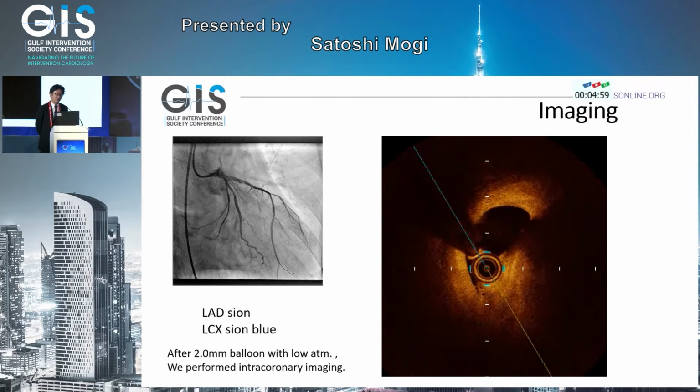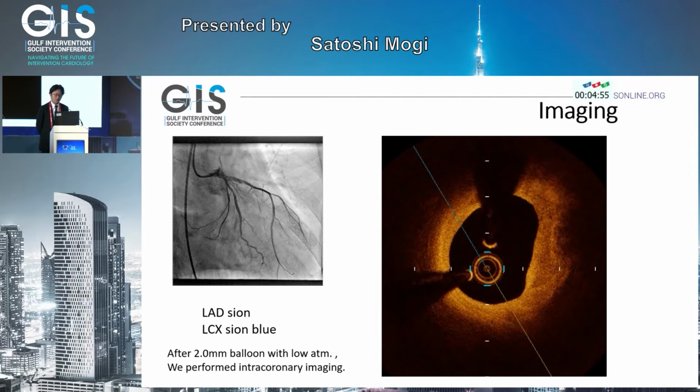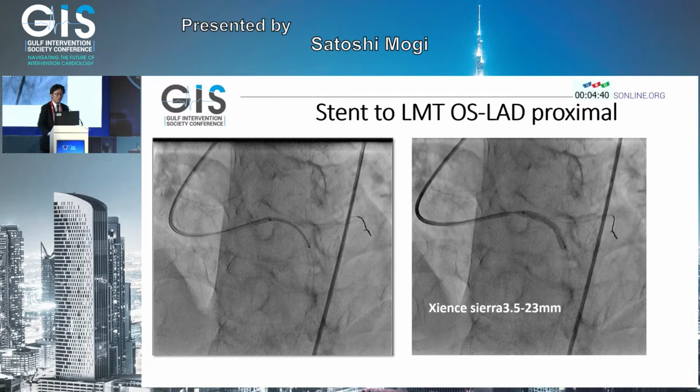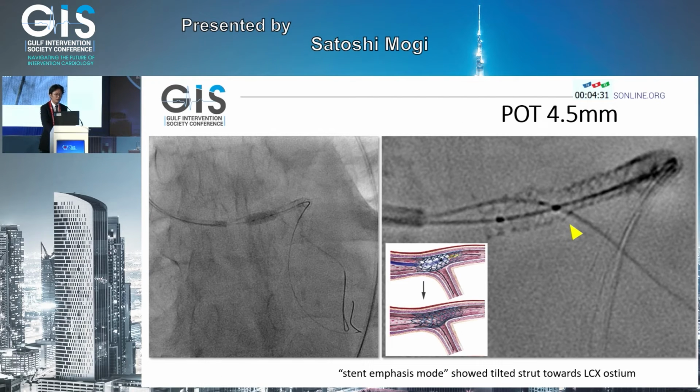It looks like acute coronary syndrome, with rupture and ulceration. This is a photo. The proximal LAD and left main have ulceration and thin fibrous cap. It means unstable plaque. So we did direct stenting to avoid the slow flow phenomenon.